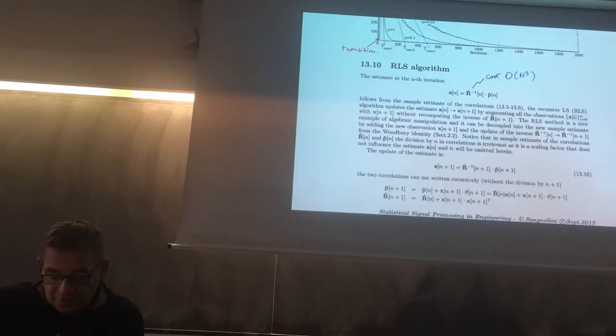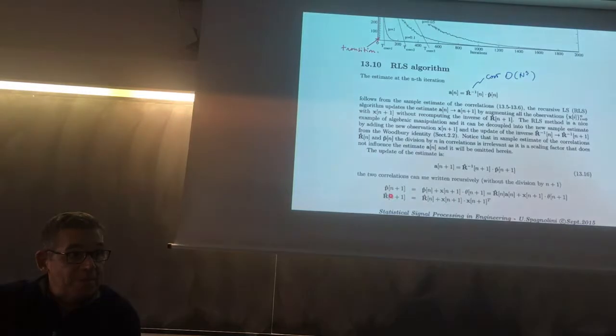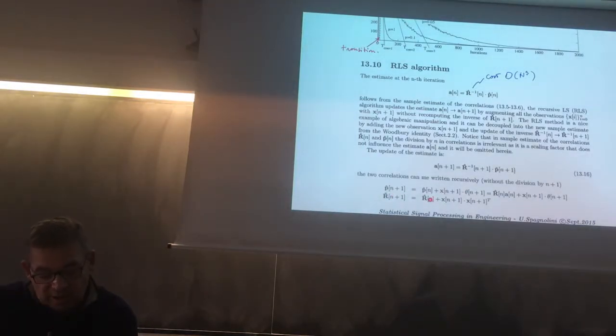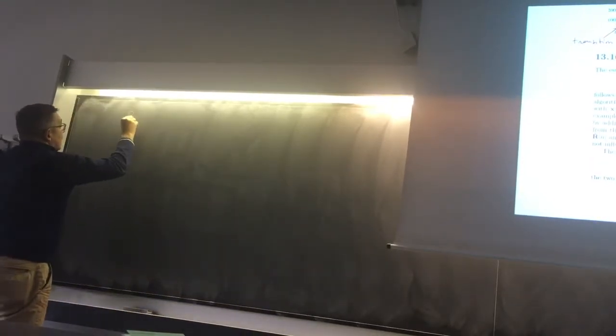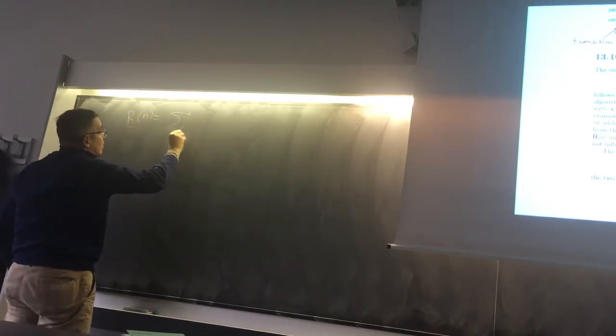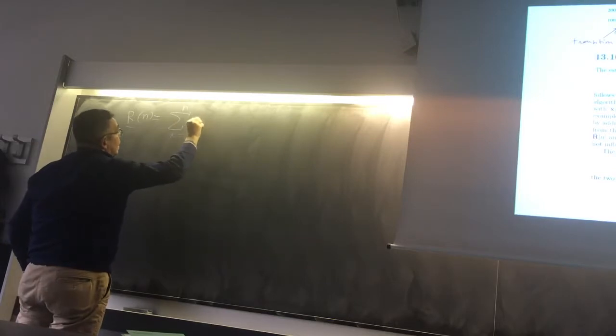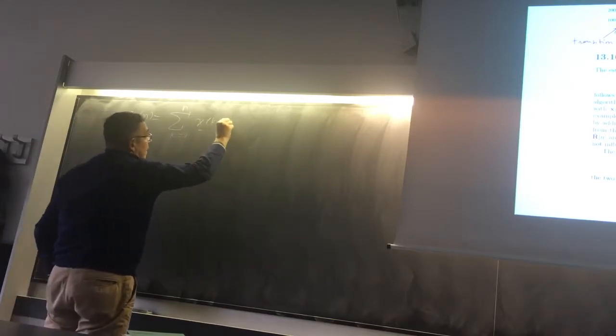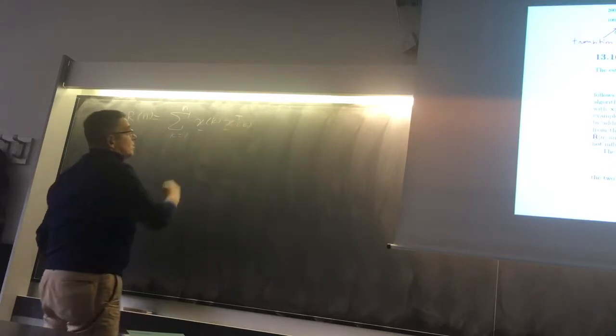But looking carefully, what is the shape of R? R at n plus 1 is R_n plus a term from the new data. This comes because the matrix R_n is obtained by summing from k equals 1 to n, x_k vector times x_k vector transpose, which is the outer product.